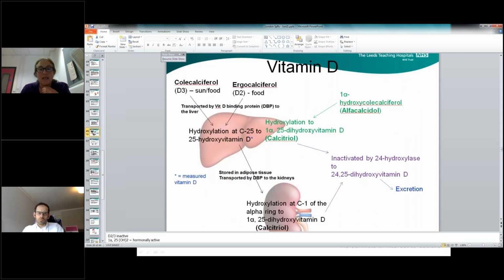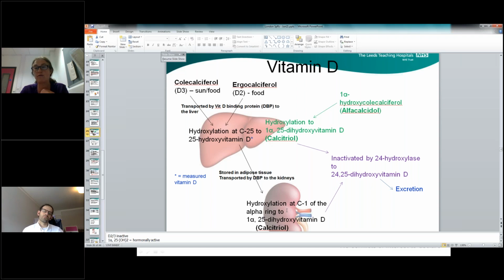Vitamin D, this is a bit of a busy slide, but you'll be very aware that you get your vitamin D, it's hydroxylated in the liver, but you'd need to be very, very cirrhotic before you can't hydroxylate vitamin D. So the vast majority of liver patients are still able to do that step. And then having hydroxylated at the 25 position, you then hydroxylate it again at the 1-alpha position in the kidney.